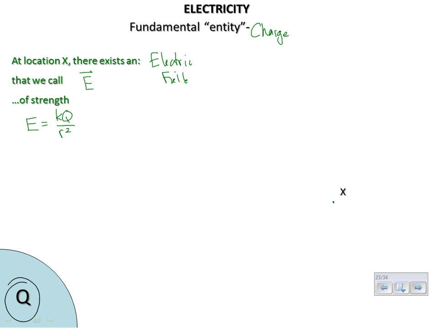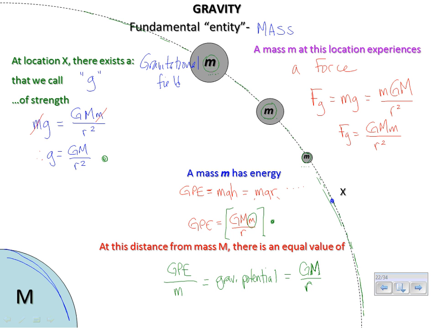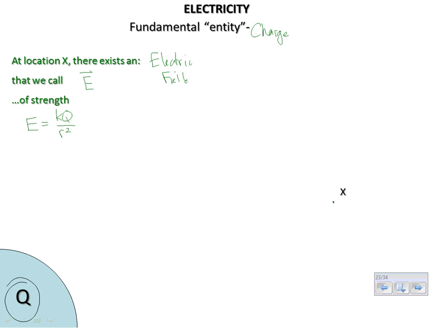If we go back a page, notice gravitational field strength is G, the constant, times big mass over R squared. Here, we have electric field is K, the constant, times big Q over R squared. So, very similar equations.